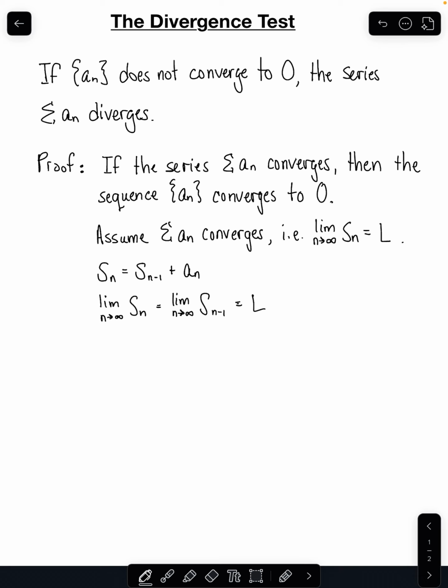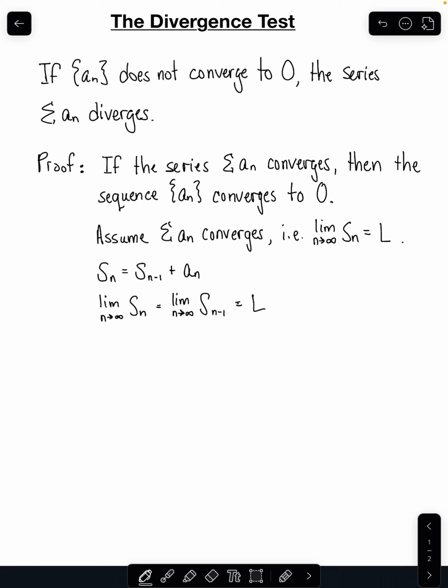One of them stops at n minus 1, the other goes on and includes that very next term. And that one single term at the end is not going to affect the convergence of the partial sums. So by removing that last term, the limit as n goes to infinity of s sub n minus 1 does not affect the convergence of the sequence of partial sums.